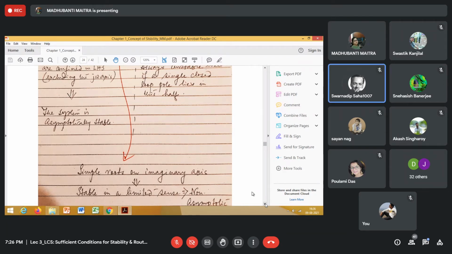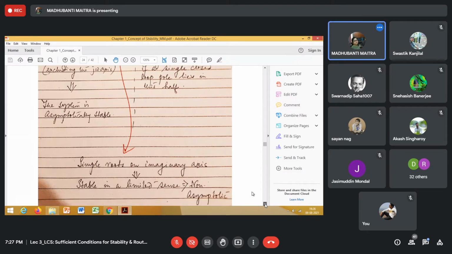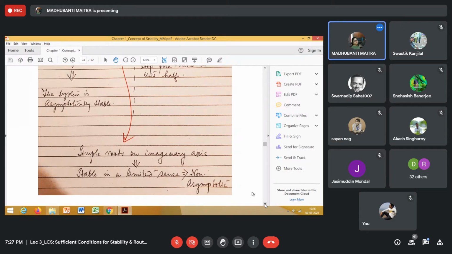Yes, ma'am. And if simple roots are there on the imaginary axis, then stable in a limited sense, if you can allow that much deviation at the output.